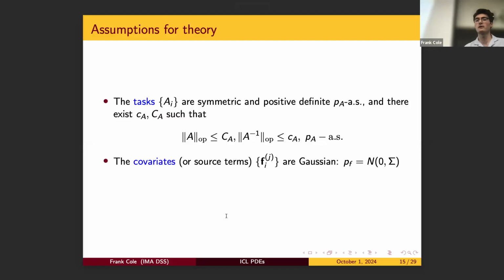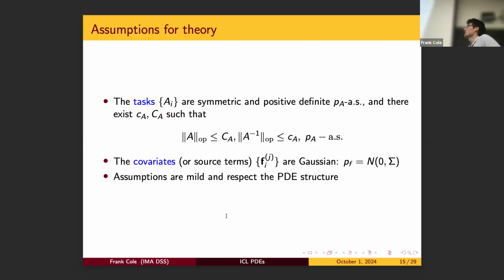And for the covariates, the right-hand sides, we just assume that they're Gaussian with some covariance. And I'd say these assumptions are mild in the sense that, at least for the matrices, they respect the assumptions that the tasks are discretizations of these elliptic PDEs. So you have the symmetry and the upper and lower bounds.